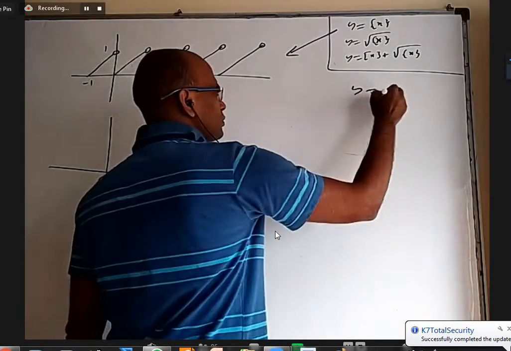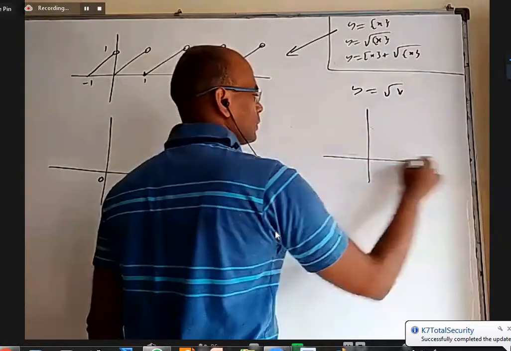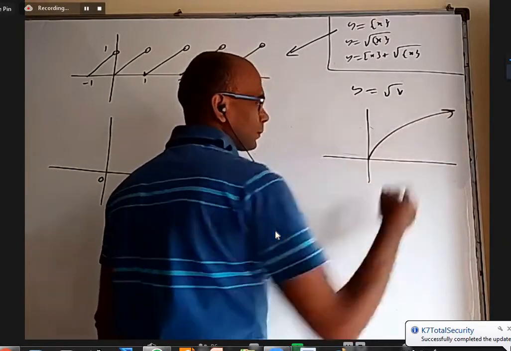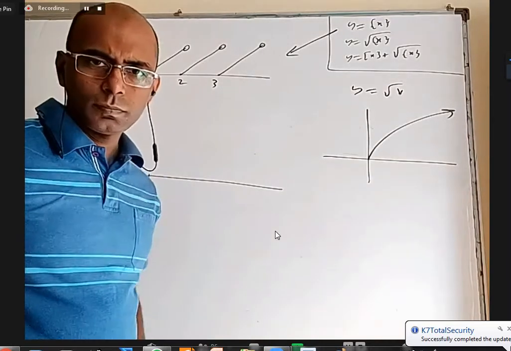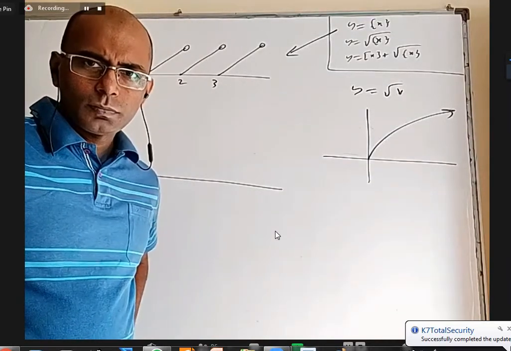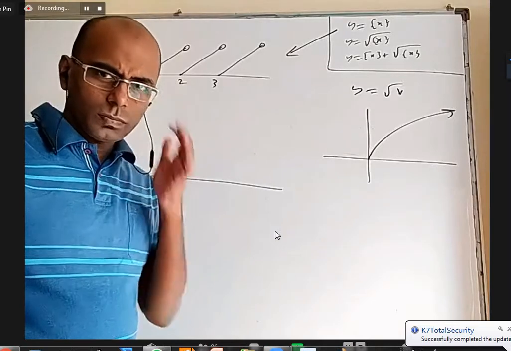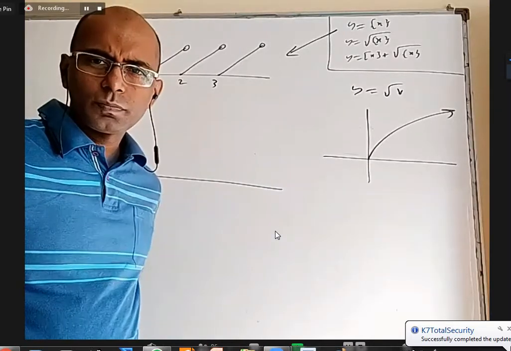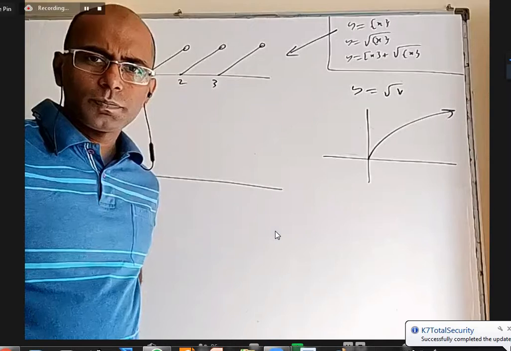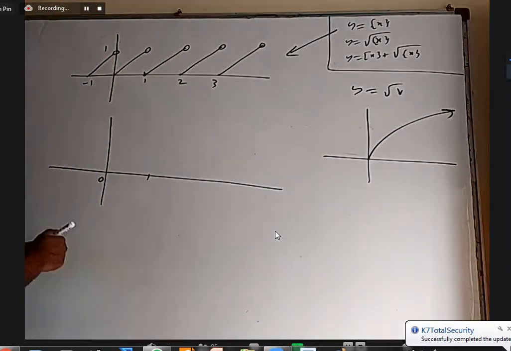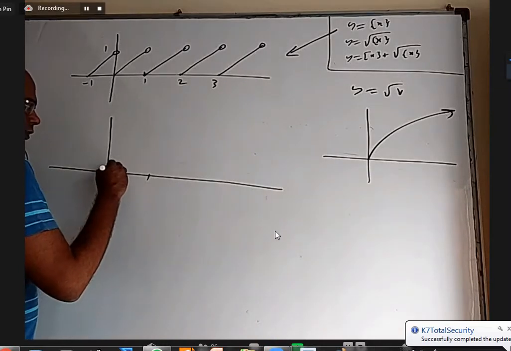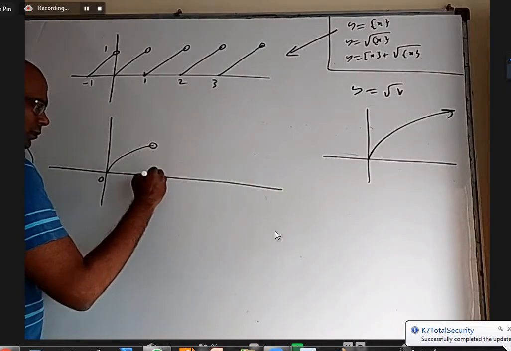If you take y equal to root x, this is the graph. Sir, can I show? Yes, just unmute and show so that it will be visible. Yes, correct. I can see it. Correct. Yeah, it will be like this.